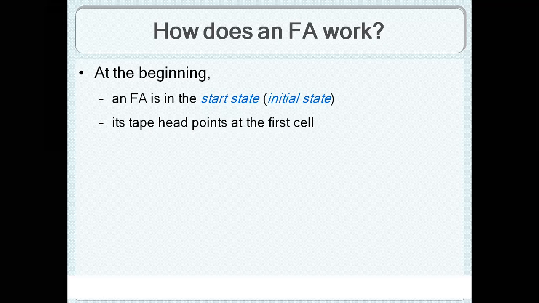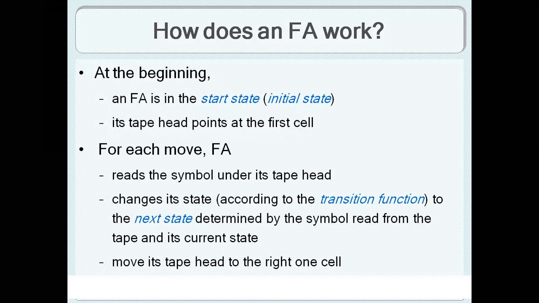So when the finite automata is in the initial state, and from each move, what does the read only head do? It reads the first symbol, and that symbol is given to the control unit, and the control unit can process the string alphabet. So here it reads the symbol under its tape head. By using the read only head we read each and every symbol in the input tape, and the control unit changes its state according to the transition function.